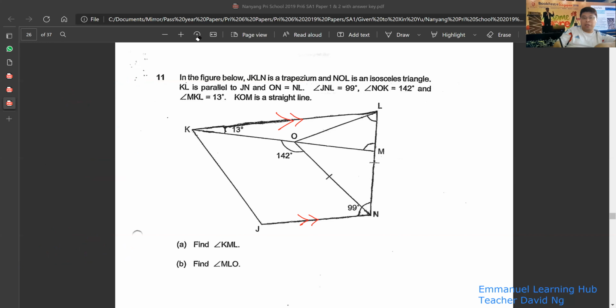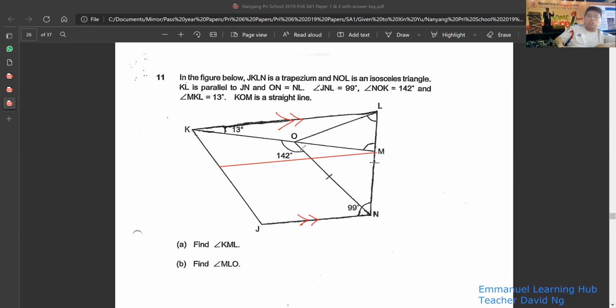Because these are terms they are going to use quite often, or might use, in secondary school. So it's better that you know those terms. Although PSLE doesn't require you to know those terms, you need to know.